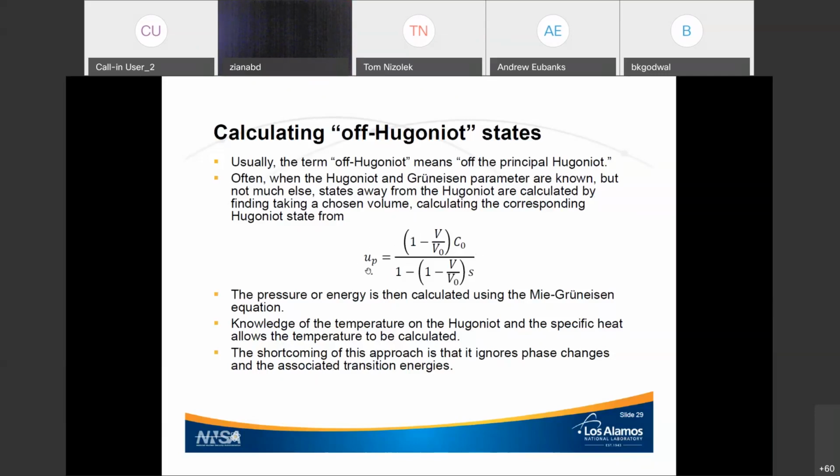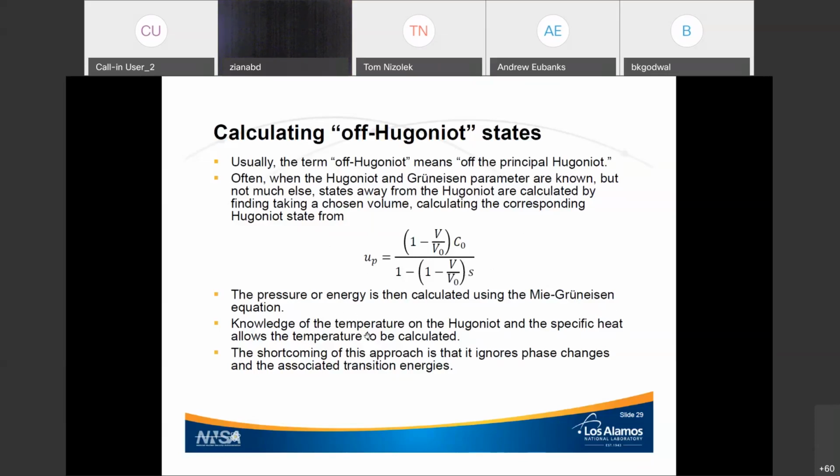So you calculate UP from the Hugoniot for that particular volume. Then you just go through and calculate the pressure and energy from that value of UP using C naught and S and the Rankine-Hugoniot equations. And then you take your Grüneisen equation to get you to whatever energy or pressure you want at that volume that you've chosen.